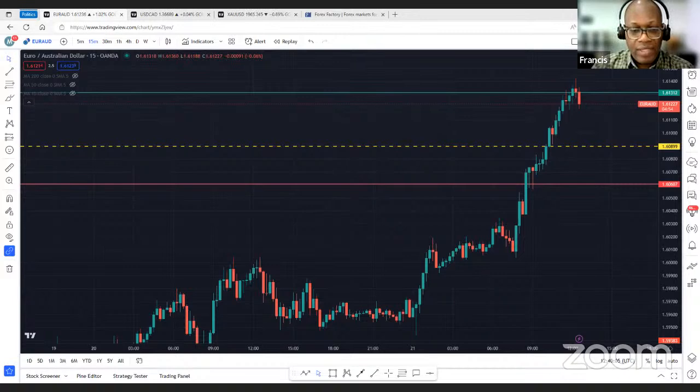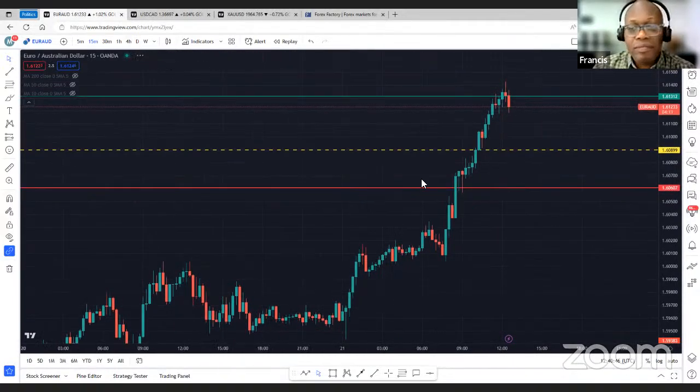So let's have a look at this Euro Aussie dollar. It has moved about 200 pips today, I can see. Realistically, I'll be looking for a pullback on that one, if anything.